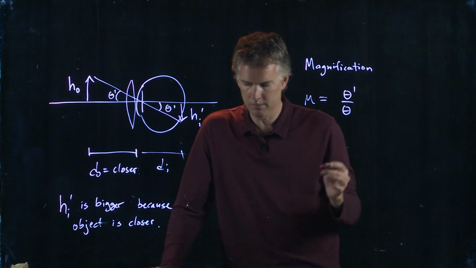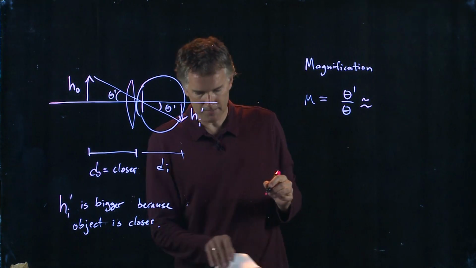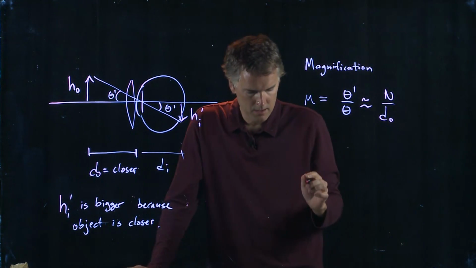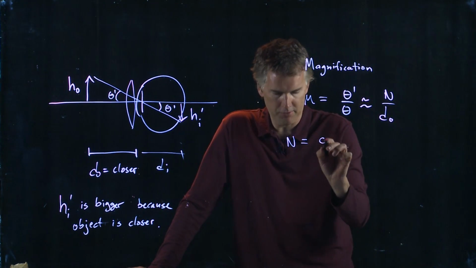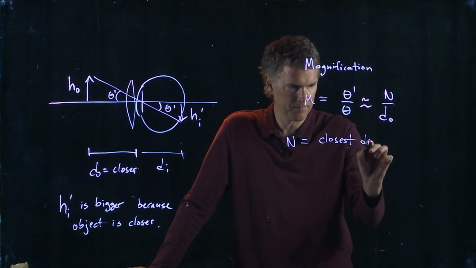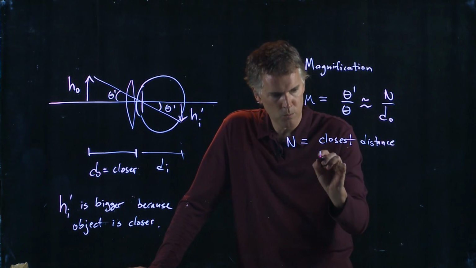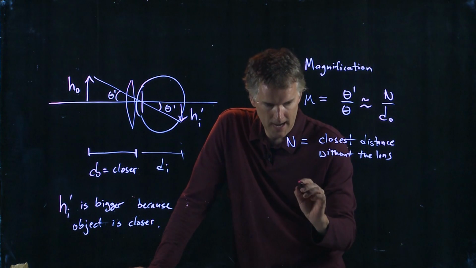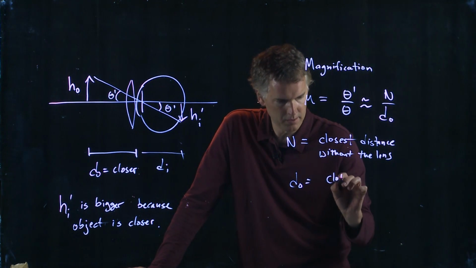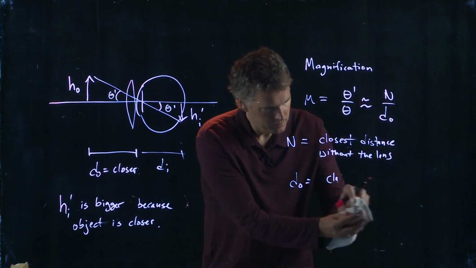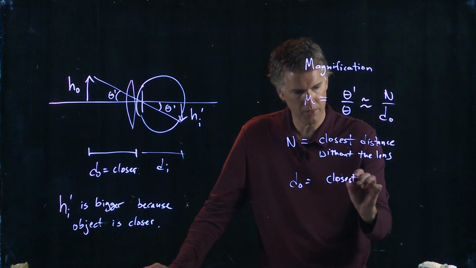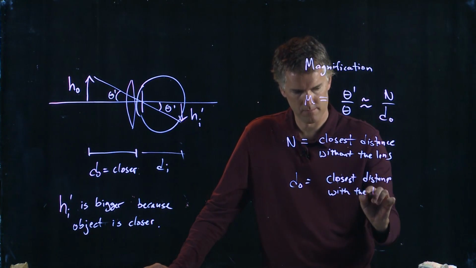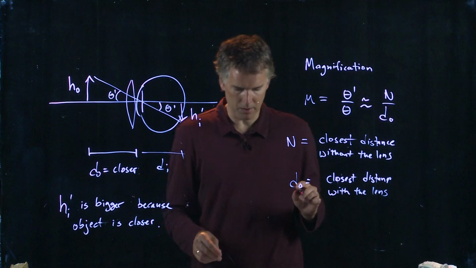And this you can show it is approximately N divided by DO, where this N is the closest distance without the lens, divided by DO, which is the closest distance with the lens. The magnifying glass, the extra lens.